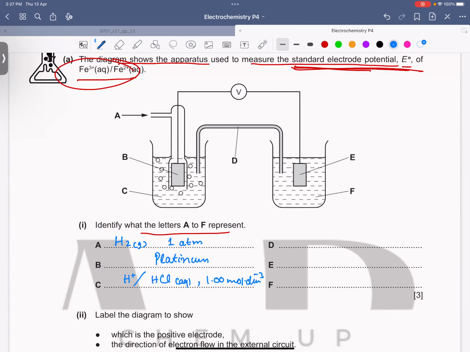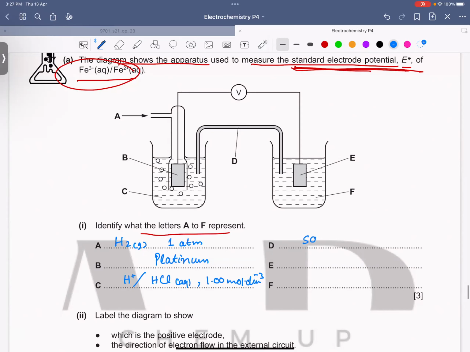Now D is the salt bridge. After D we have E, again platinum. And why are we taking platinum over here?